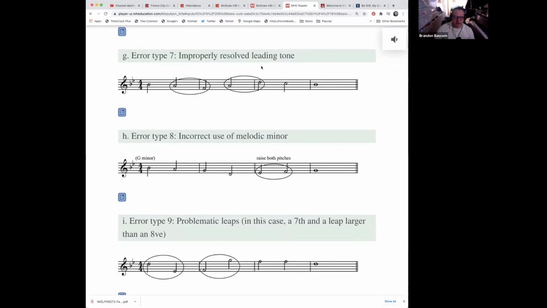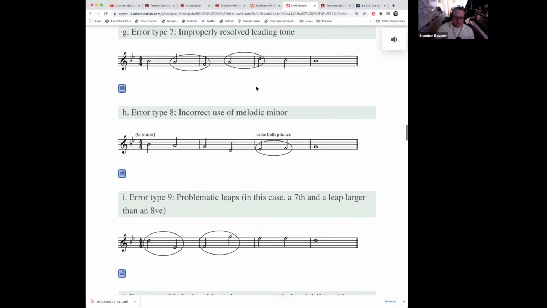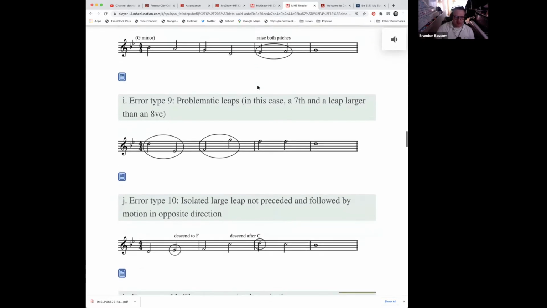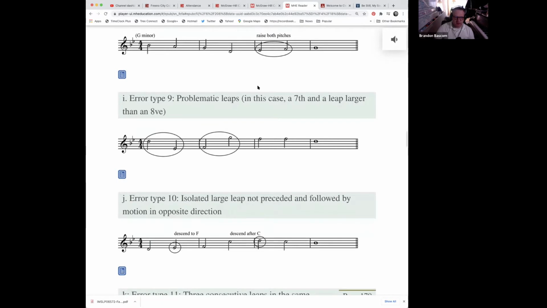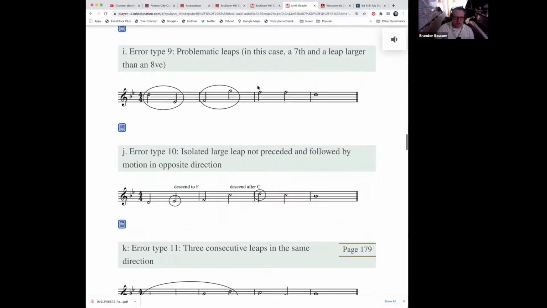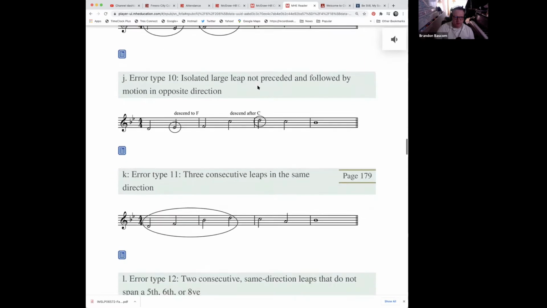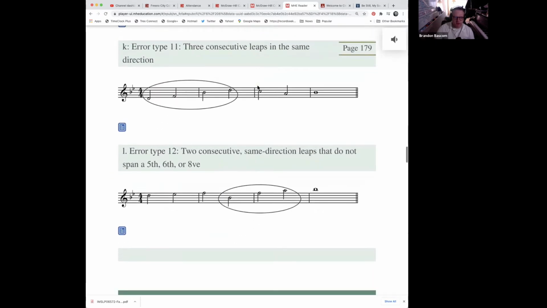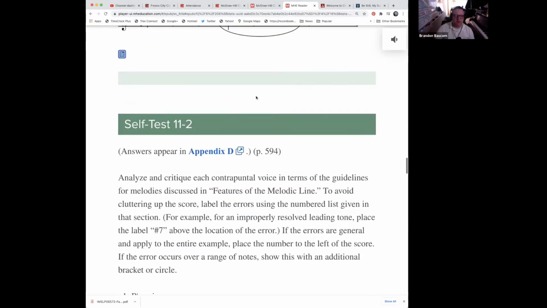Didn't take care of our leading tone. We didn't go to melodic minor ascending. We have problematic leaps. And we didn't do the pre-leap and the post-leap care. Didn't span the right amount of length.